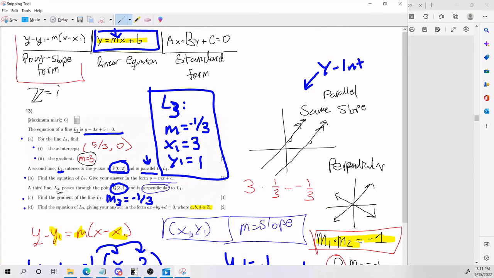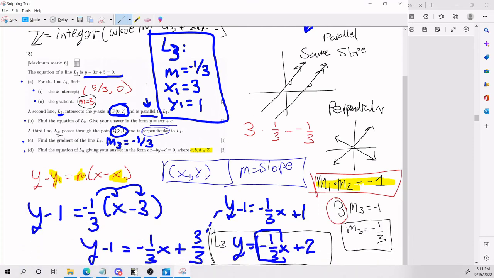An integer, the intuition is whole numbers, and I will add positive and negative. So you can have positive and negative numbers, but they have to be whole numbers. And that is why this fraction of 1/3 actually bothers us. Also we need to have it equal to 0, so we want to throw everything over to one side.